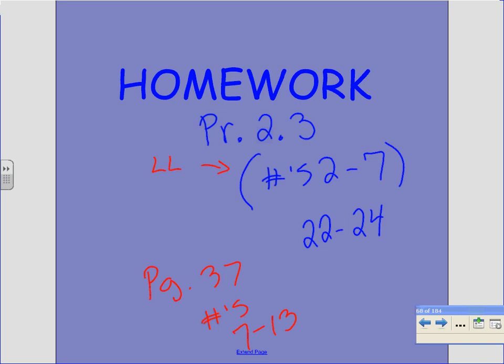The instructions tell you to do that. Please read the directions carefully. The last part of numbers 2 through 7 asks you to simplify the expression, just like we did in the notes. Matt? Yeah, you can abbreviate. Just make sure when I'm checking your homework, I know what's what.